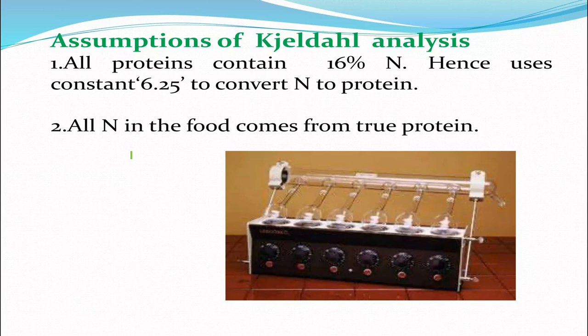Here you can see these apparatuses, all put in a heating mantle, etc. Later it is going to be evaporated. Then ultimately we can get the digestible fibers and non-digestible fibers.